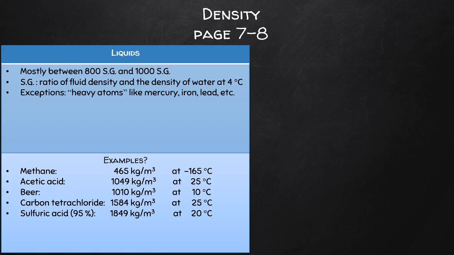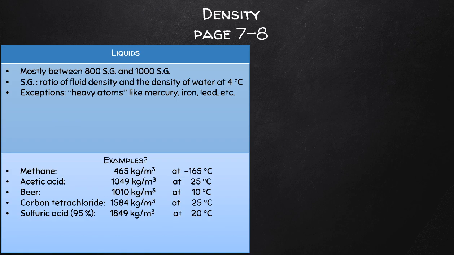Okay, obviously there are a few exceptions. So some fluids can have much less, like methane in its liquid form. Look at the temperature, minus 165 degrees Celsius, as well as things like sulfuric acid, which can be quite high if it's very concentrated.